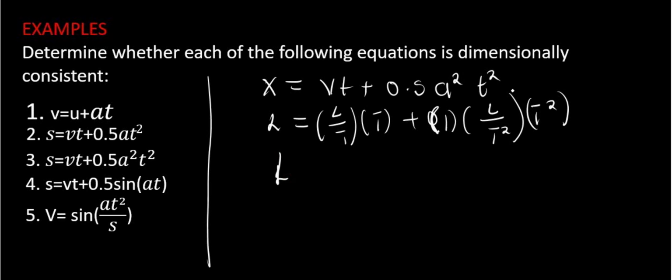We have L. Since the acceleration here is squared, you square everything again. So it will be L over t squared, that's the dimension of acceleration. Now this acceleration is squared again, so this t and this t will cancel, and we have just L over 1.